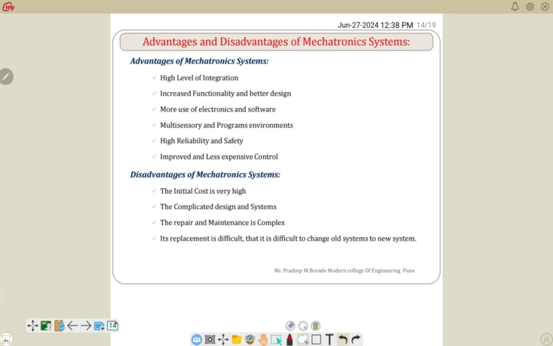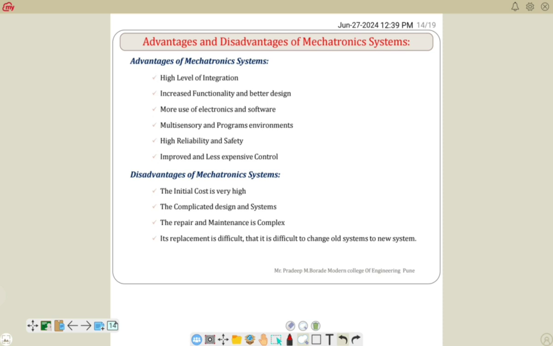Now advantages and disadvantages of mechatronic systems. Every technology has some advantages and disadvantages. Advantages of mechatronic systems: first, high level of integration. It is a combination or package of various domains like mechanical engineering, electrical engineering, electronics engineering, computer engineering, and measurements and control.